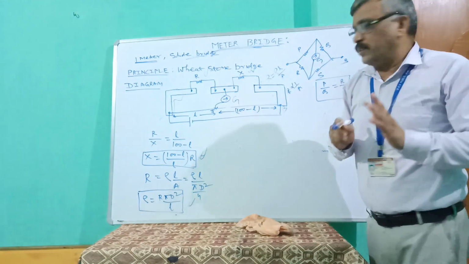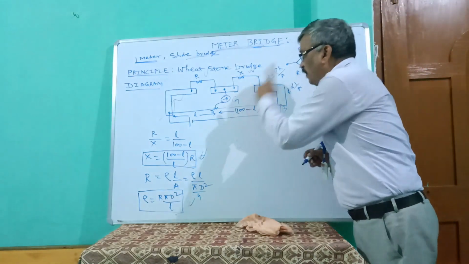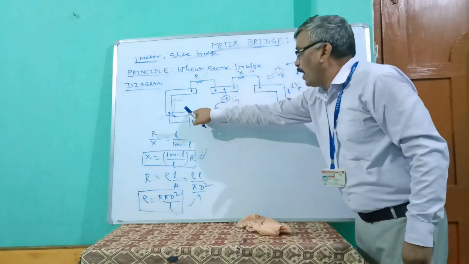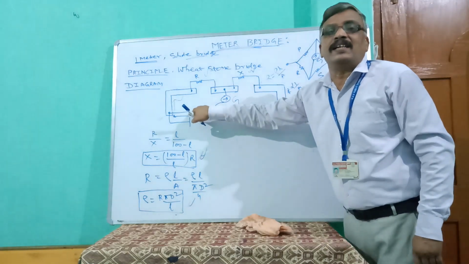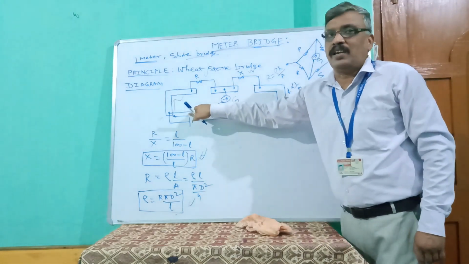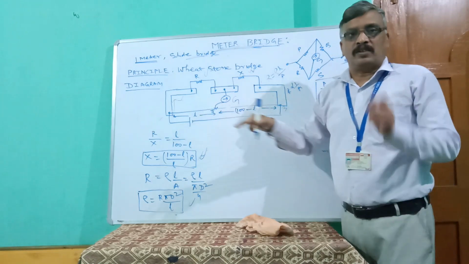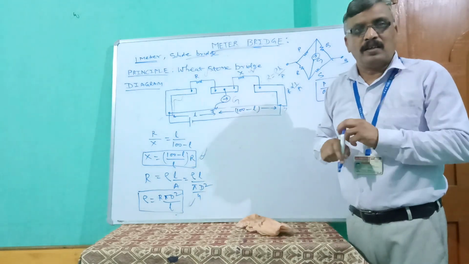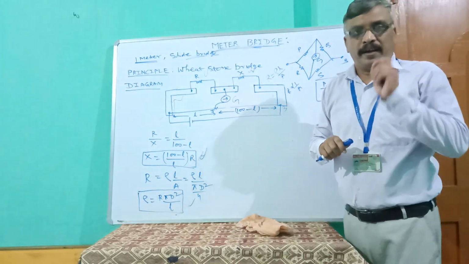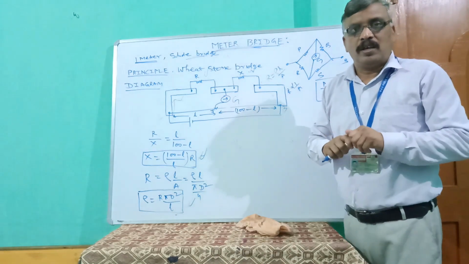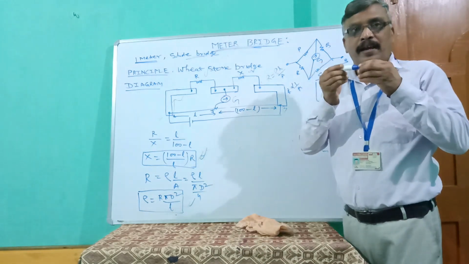Neglecting this heating effect, we say that the wire is taken as a standard resistor. In the case of a standard resistor, the value of alpha is negligible, hence there is no change in resistance of the conductor.